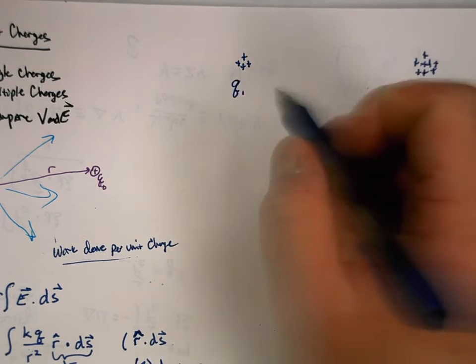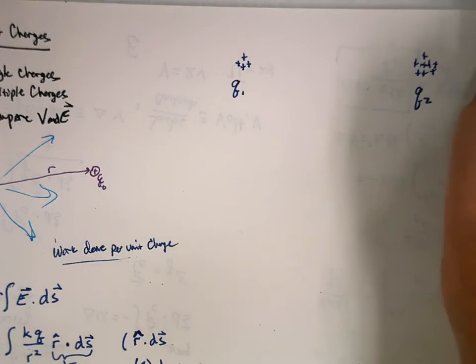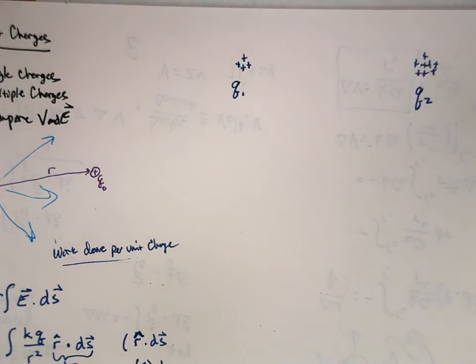These two are going to have a potential energy between them, because to hold them in these spots, if all of a sudden we let go, what are they going to do? They're going to fly apart. So just the fact that they're in proximity to each other gives them a potential energy with each other.